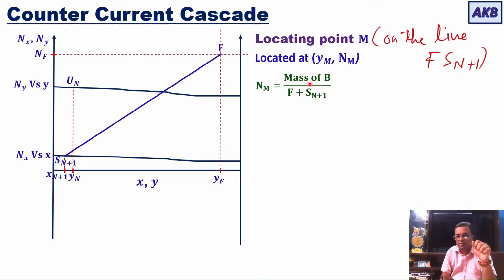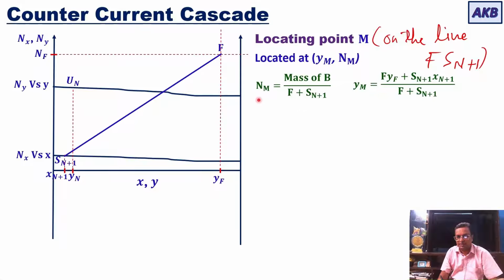Nm is mass of B divided by f plus Sn plus 1, and ym is f yf plus Sn plus 1 into xn plus 1 divided by f plus Sn plus 1. So for finding both nm and ym, everything will be known to you. You just have to use these two equations and get the values of nm and ym. So either one of these two can be used.